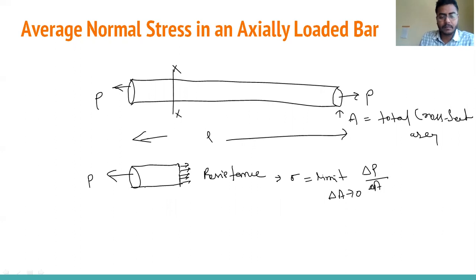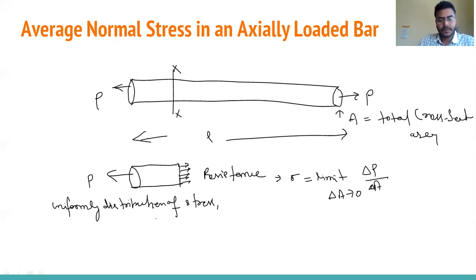Now we are assuming that there is a uniform distribution of stress. Uniform distribution of stress means that every small area of this total A will have equal resistance force.